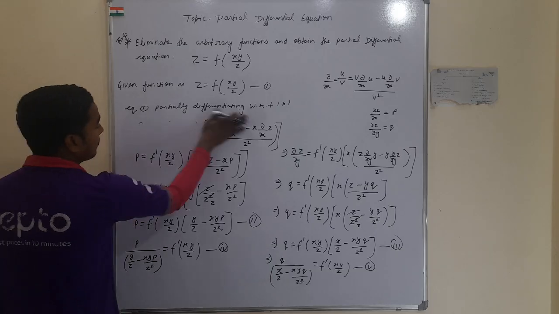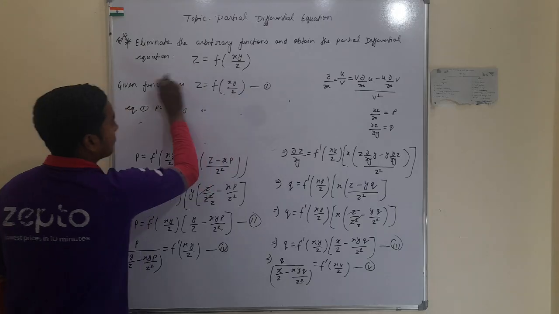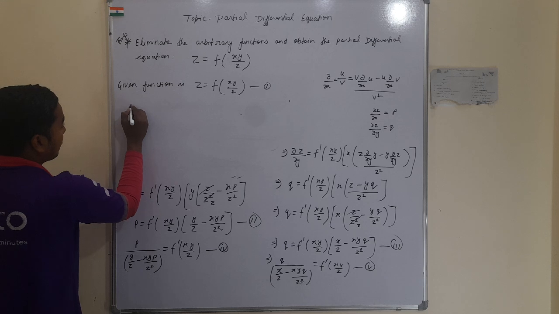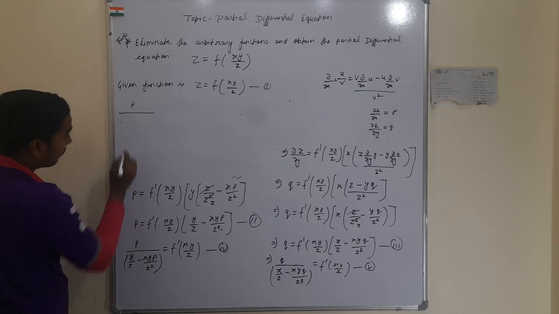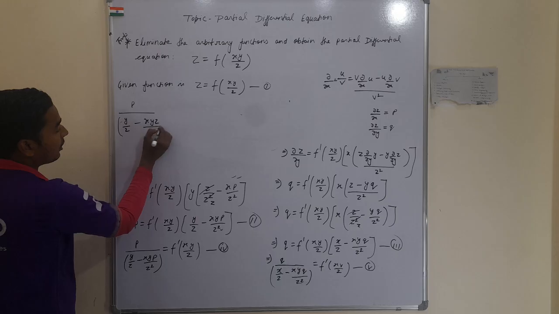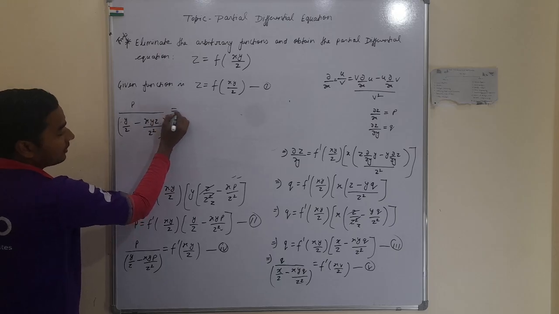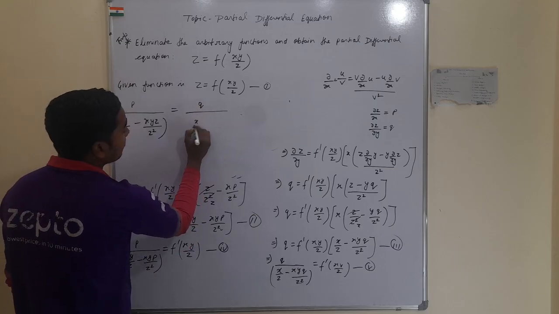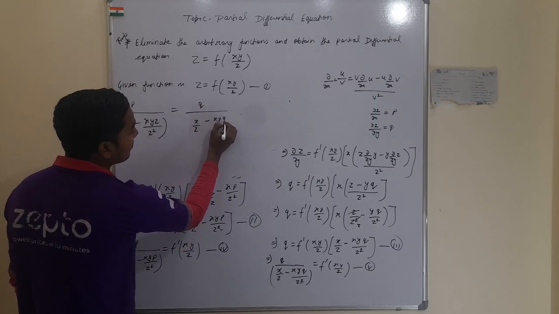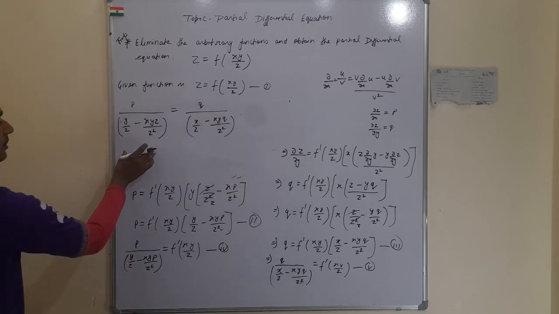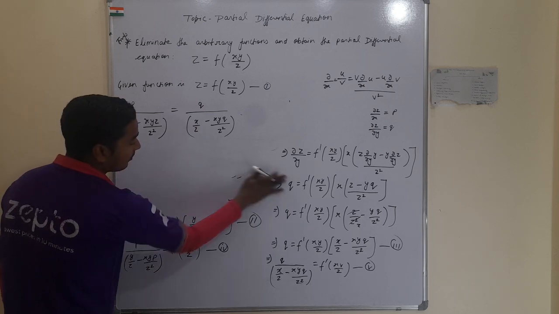So equation 4 left hand side is p upon y by z minus xy into p upon z square, and equation 5 left hand side is q upon x by z minus xy q upon z square. So we arrange the terms and solve further to get the required solution.